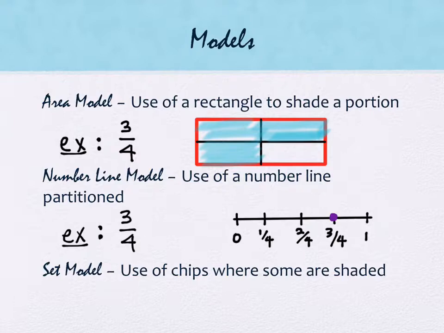And the third one is a set model, which uses chips. And again, we'll use the number 3/4. We saw this again on example 1, where there were chips, and there were 4 of them.